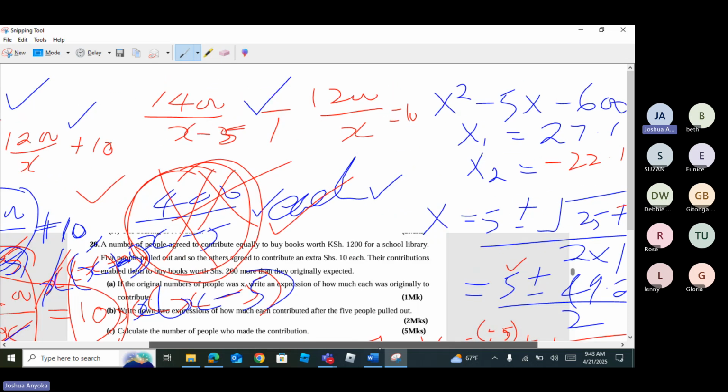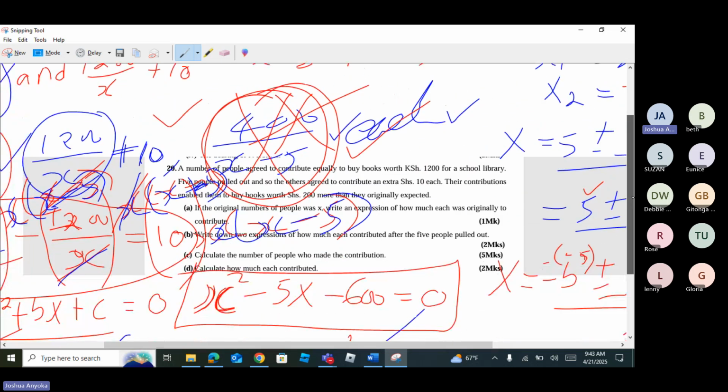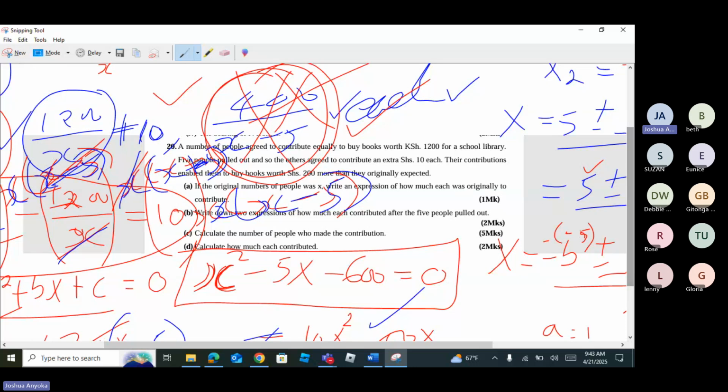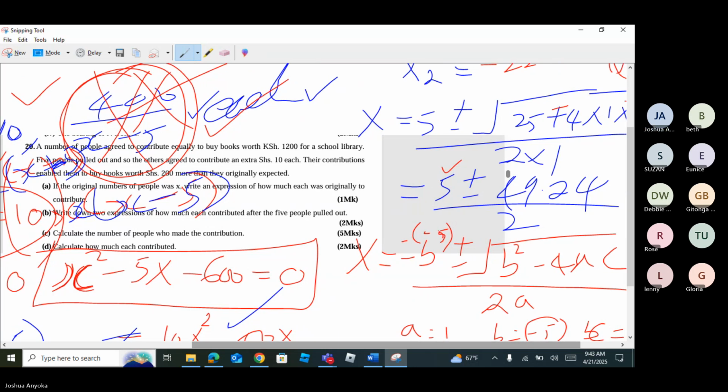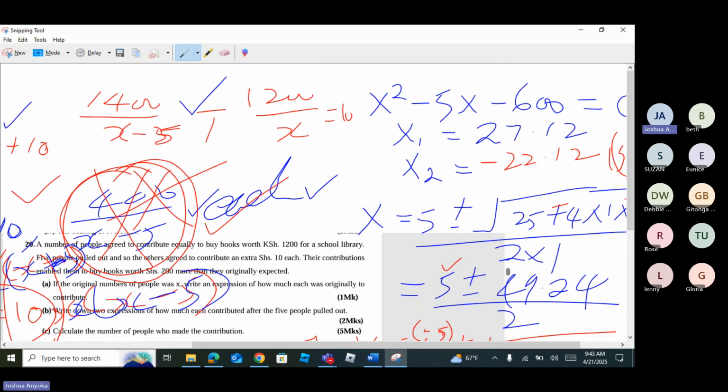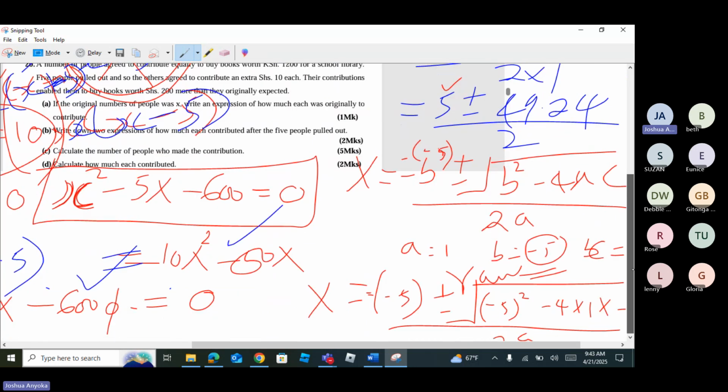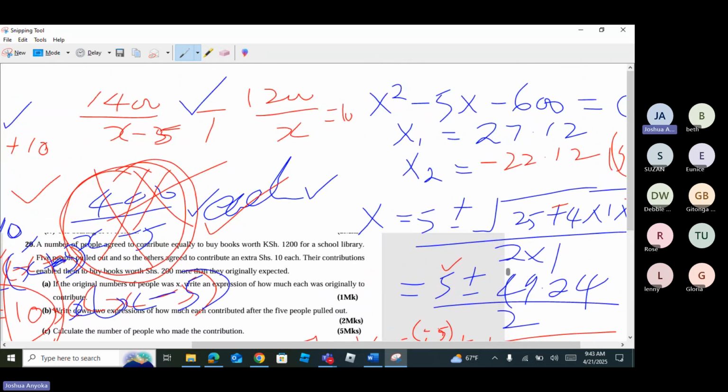With 27.12, we can now answer the rest of the questions. Calculate how much each contributed. What was the expression for contribution for each? It was after 5 have left.